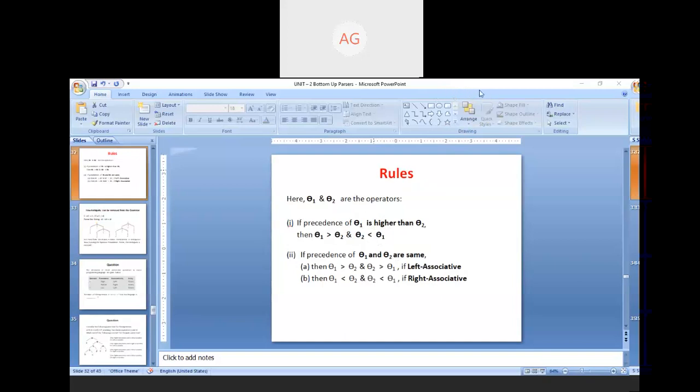So these are the rules of operator precedence grammar.